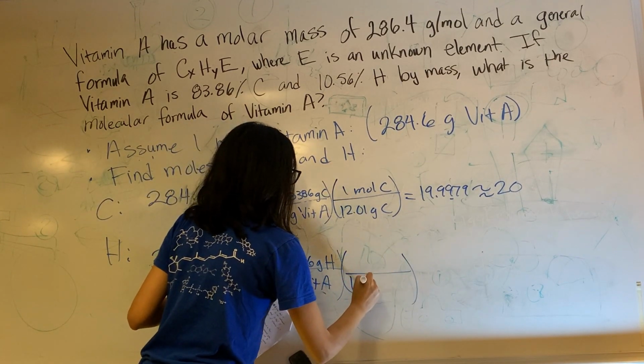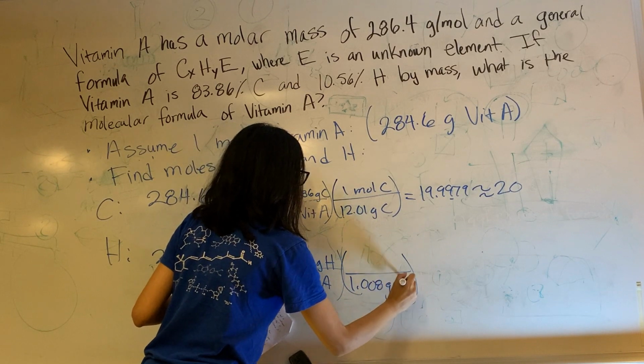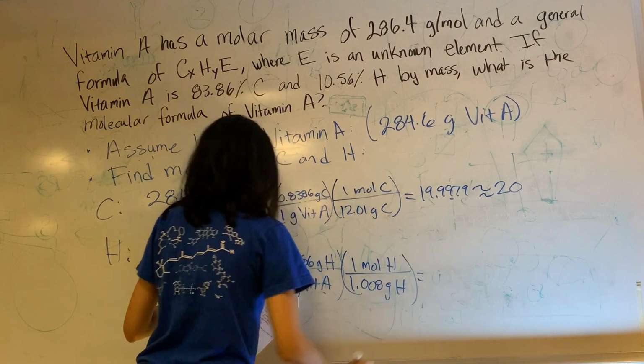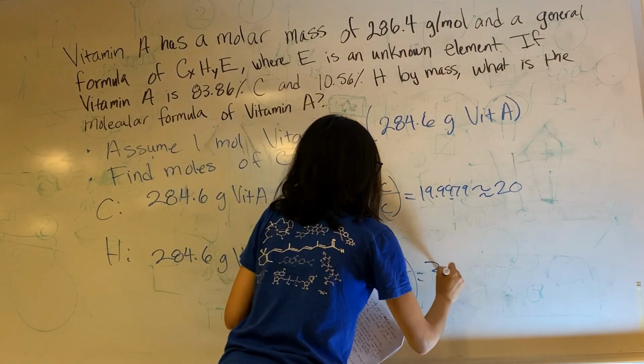Then molar mass of hydrogen gives you the moles of hydrogen. In this case, it turns out to be right around 30.